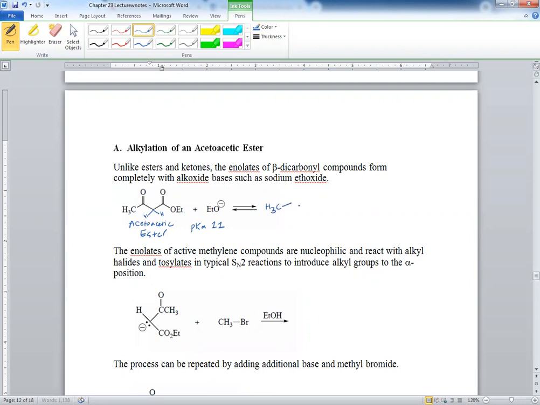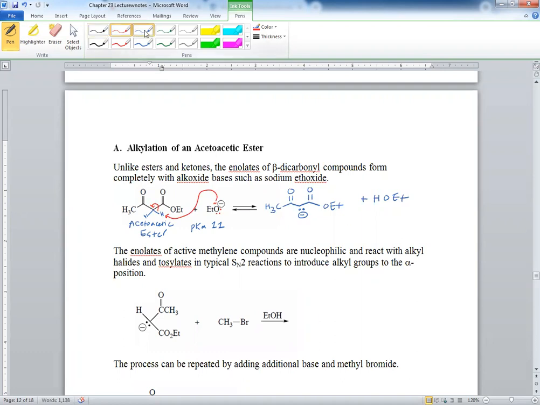We're going to produce the enolate, and of course HOEt. So once again, this deprotonated one of the H's, and that's the negative right there.